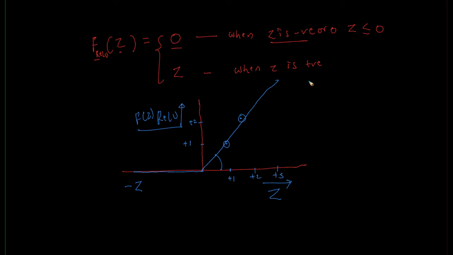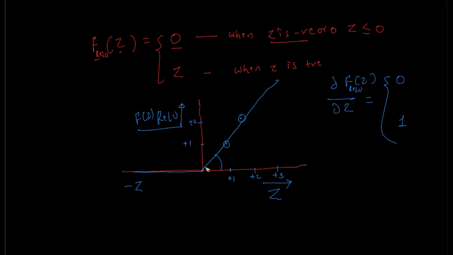Now, if we compute the derivative of f ReLU with respect to z, the derivative of 0 will be 0, and the derivative of z with respect to z is 1.